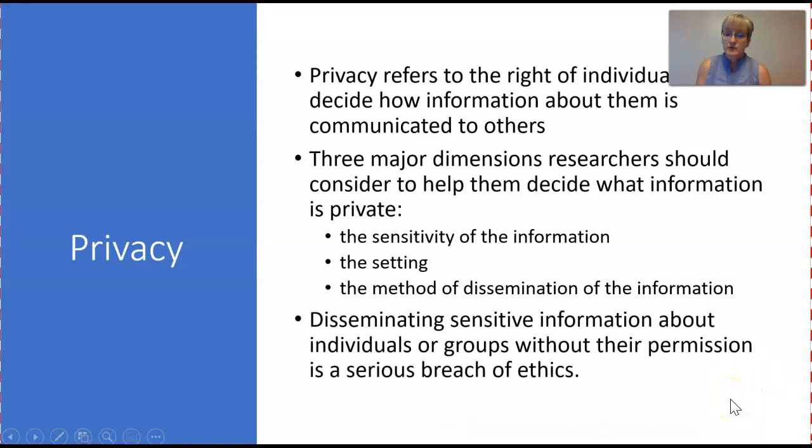So you have to really think through, as the researcher, how do I share this sensitive information about people or groups? And if I decide I'm going to do that without their permission, that's a serious violation of ethics. That's, like, in my world, working in academic science, that's a fireable offense when you engage in that kind of behavior.